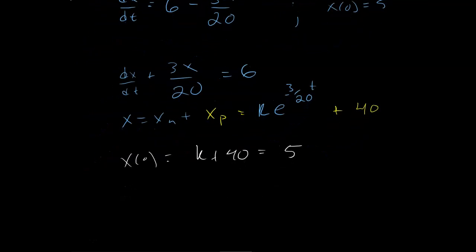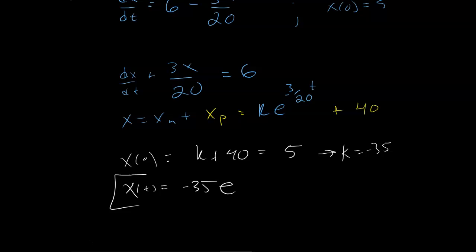All right, great. So that tells us that k is negative 35. So this then is our actual x as a function of t.